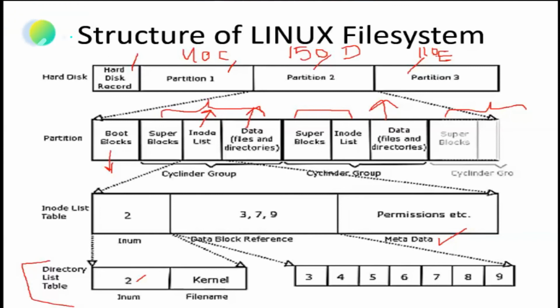Let's say this is the block structure, the data blocks that are already available with the system, and block 2 contains the information that it has to go to 3, then to 7, and then to 9. These are the 3 different locations where the file is stored. This directory structure is also available when your inode list table is created.